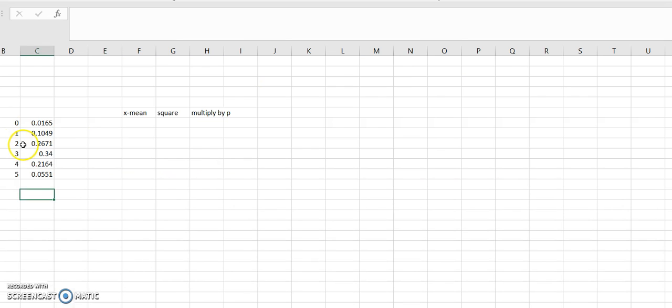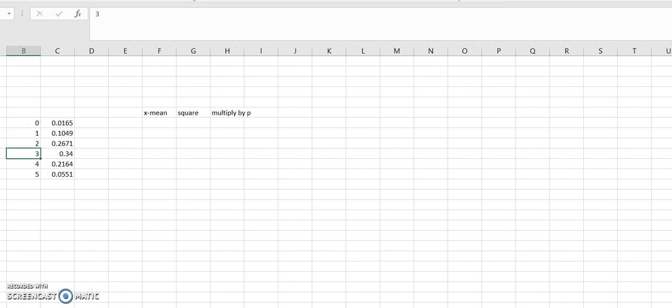In fact, I've done that here. So you can tell the values here, the probability. If these probabilities add up to 1, I can do auto sum. They do add up to 1, so it is a probability distribution.